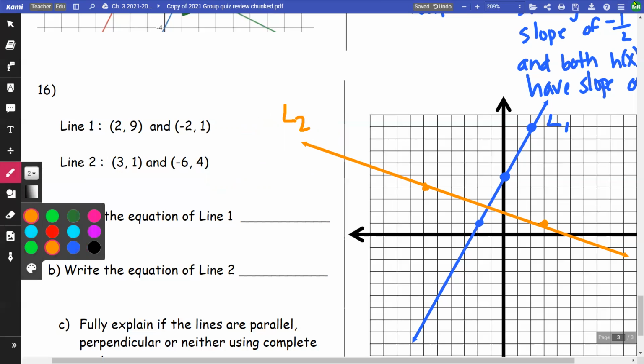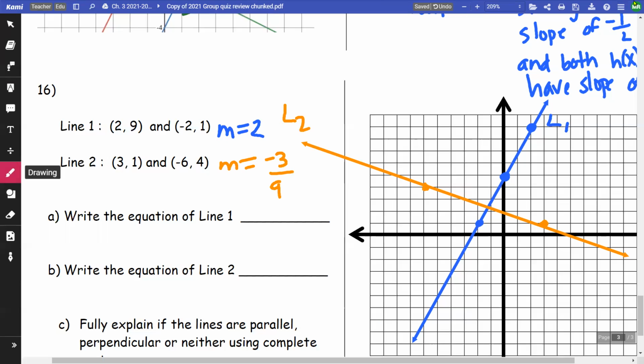Okay. When I'm trying to find the slope, let's see, L1 is blue. So that slope is up 4 over 2 or 2. The slope of my orange one is going to be down 3 over 9.